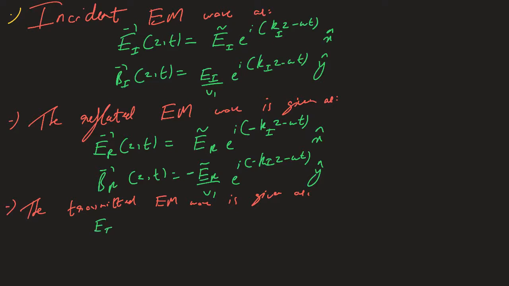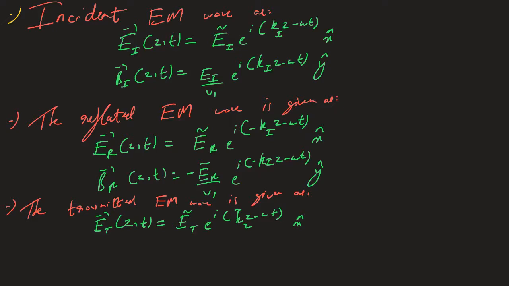E transmitted of z, t is equal to E transmitted tilde e to the i of k tilde z minus omega t x hat. Notice that this propagation vector, this second propagation vector, has a tilde on top of it, right? Because it's inside the conductor now.